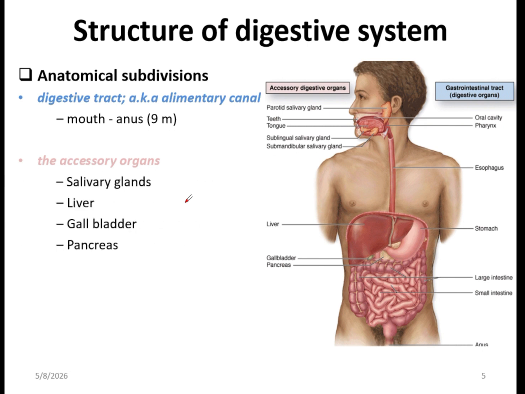And the accessory organs are also present, as I said earlier, the glands like salivary gland, liver, gallbladder, pancreas.